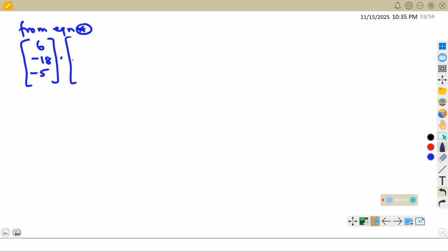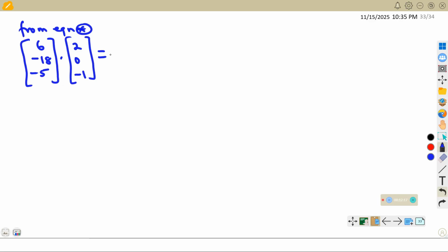From this equation star, n is 6, negative 18, and negative 5, dotted with d, the direction vector of the line, which is 2, 0, and negative 1.